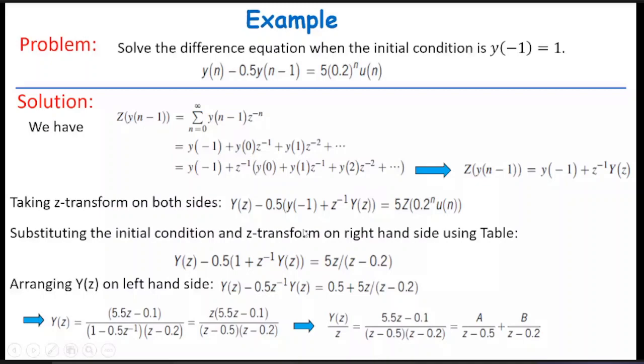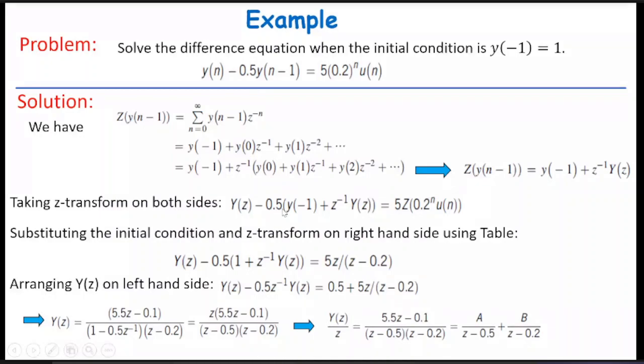If some initial condition is present, you have to go through this process. If no initial condition is there, then directly you could write 0.5 into z inverse into Y(z).